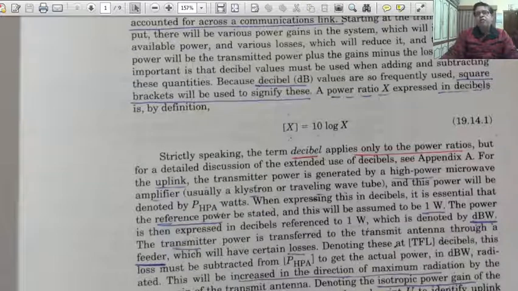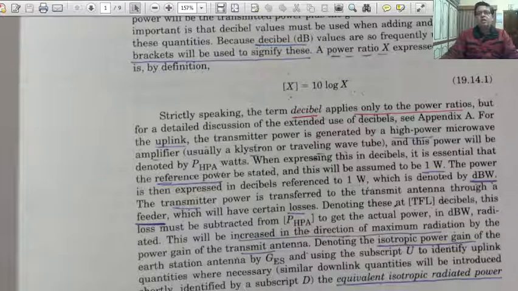A power ratio capital X expressed in decibels as [X] equals 10 log X. Strictly speaking, the term decibel applies only to power ratios. But the extended use of decibels is discussed in detail in Appendix A of this book.